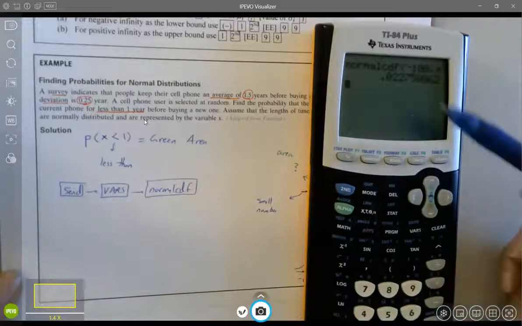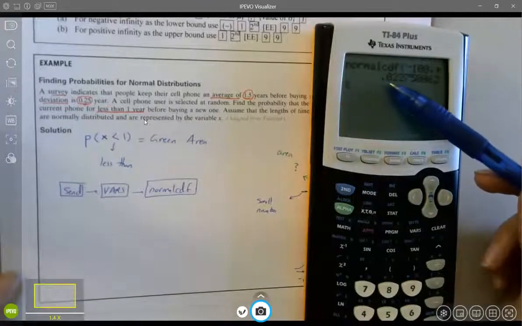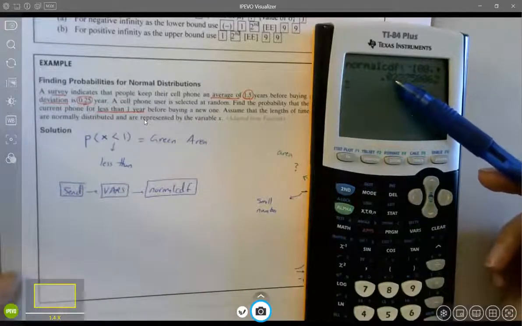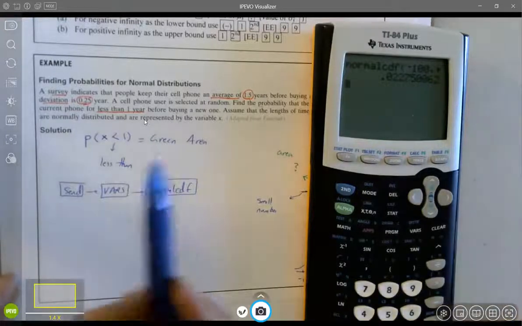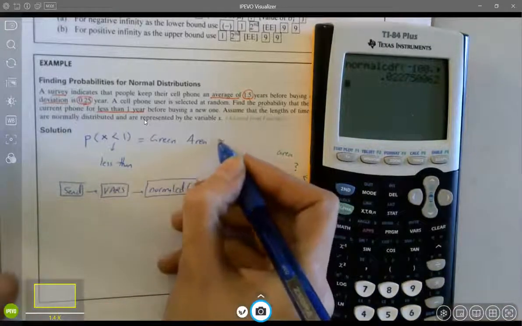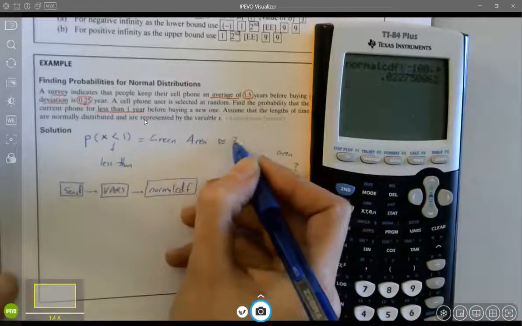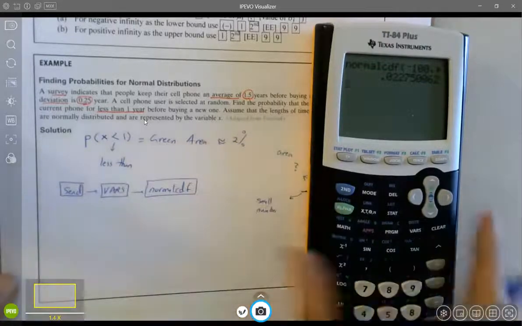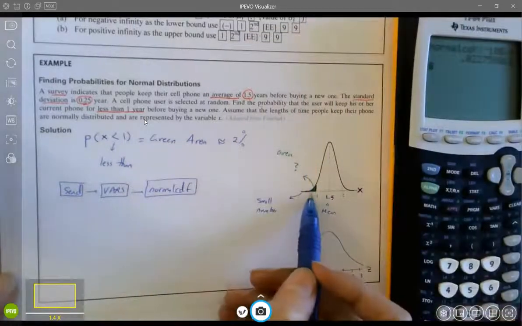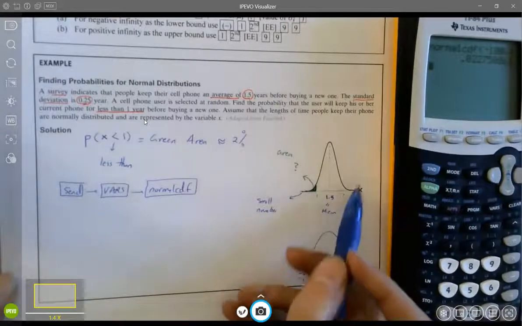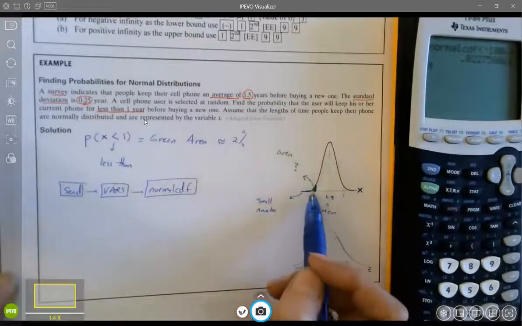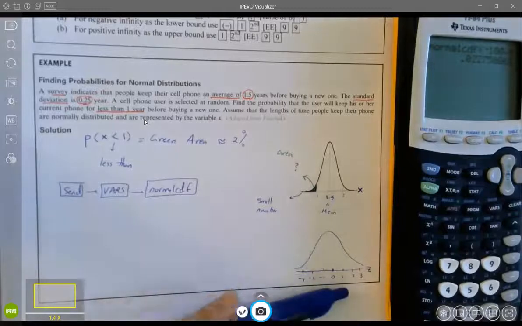The probability is 0.022 or just 2%. This probability is roughly 2%. As you can see, this area is a very small portion of the area below the graph. It's a very small portion.